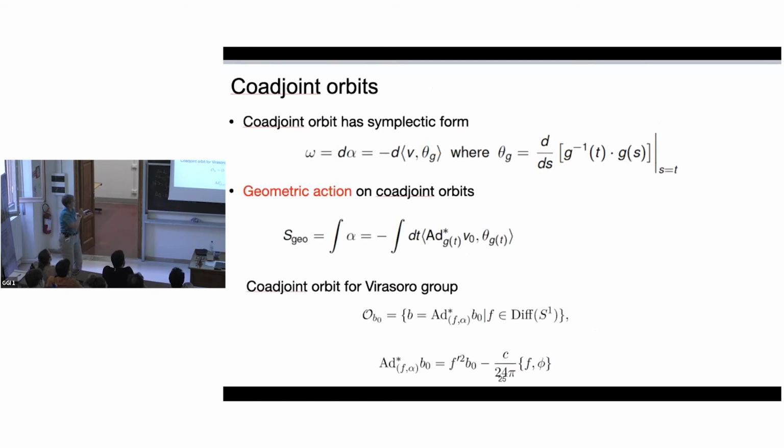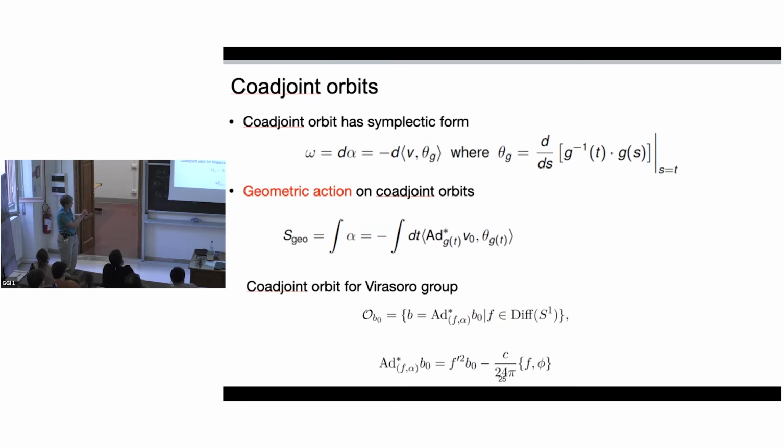Now, this coadjoint orbit is naturally associated with a symplectic form again, written here. And according to this phase space interpretation, we can define a so-called geometric action, which then corresponds to the Hamiltonian that I just mentioned on this coadjoint orbit. And this action is just the integral over the symplectic form. Okay, now this is the general formalism, and now we apply it to the Virasoro group.